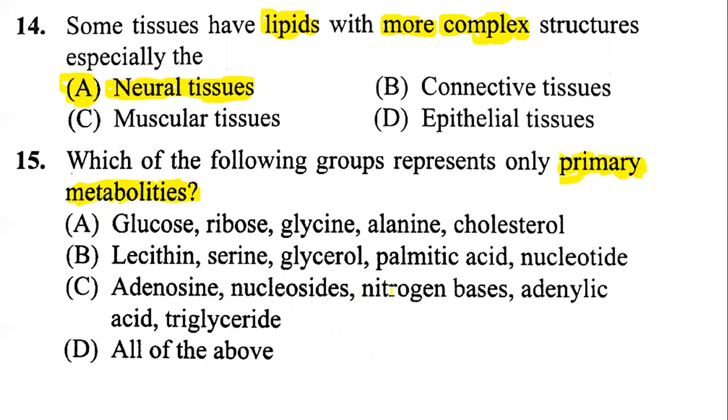All those things we have studied, fat, rubber, were studied in the case of secondary metabolites. So all these are primary metabolites. The correct answer for question number 15 is all of the above.